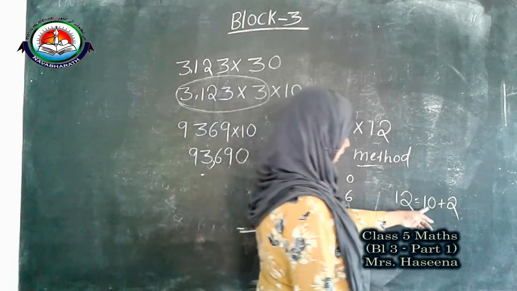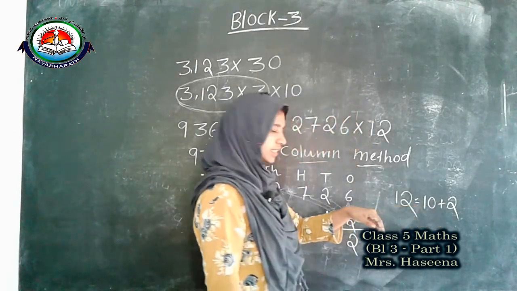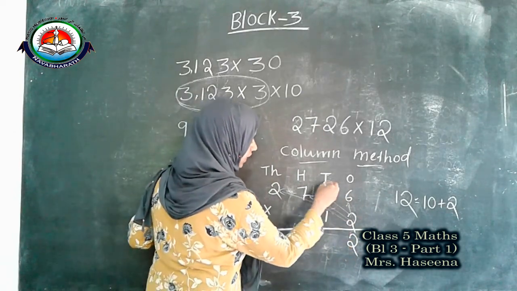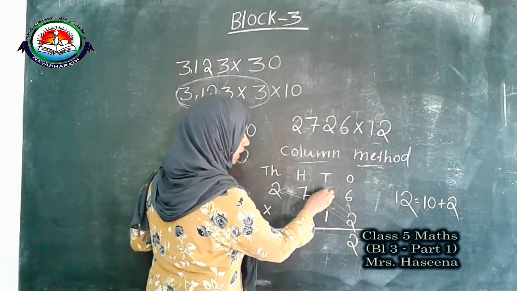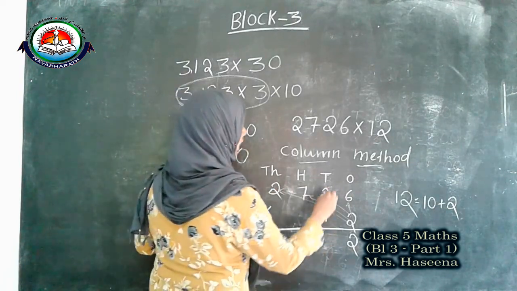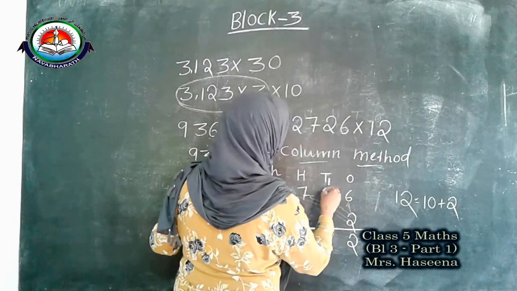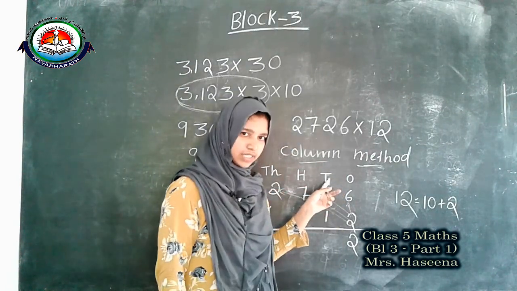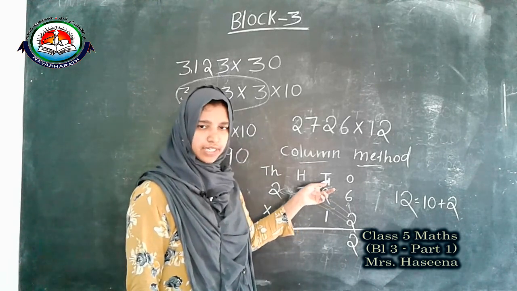What is the balance? 10. The balance is 10. The 10 we can send into this place, and this is the tens place only. So if we write 1, what is the meaning? That is 10. Our carry over is also 10 only.